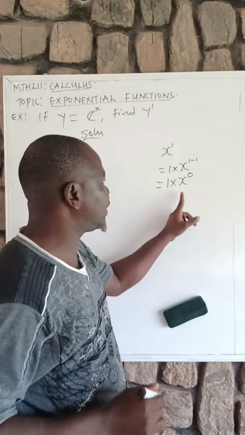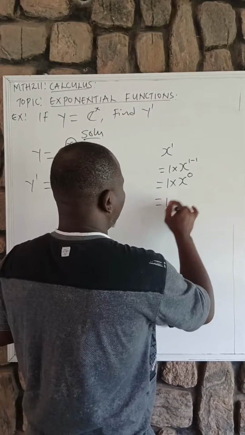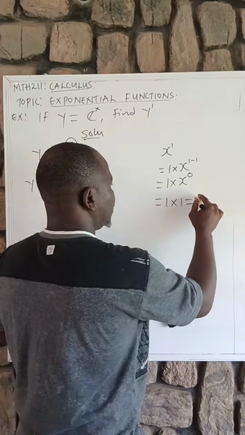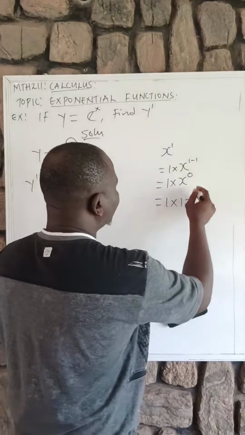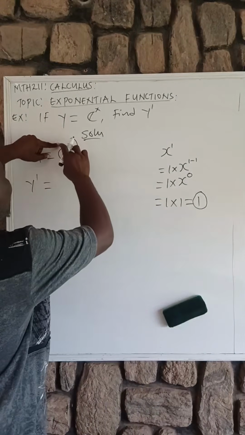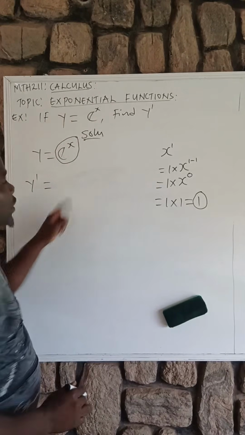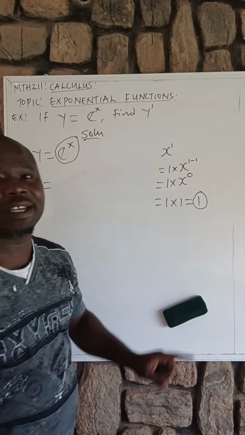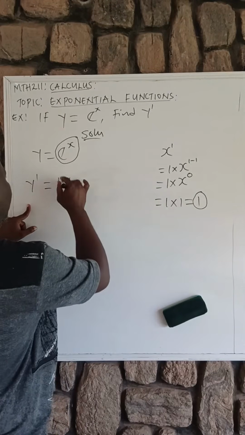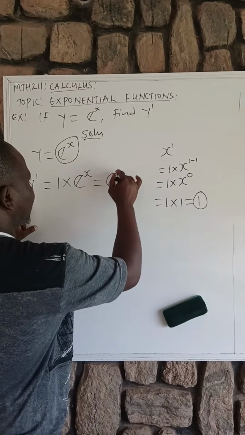And in indices, anything raised to the power 0 is 1. So this will be 1 times 1, which is 1, true or false. So now you use this answer to multiply this function, all of this. Do you understand? That is your answer. So your y prime will now be 1 times e^x. This is the same thing as e^x.